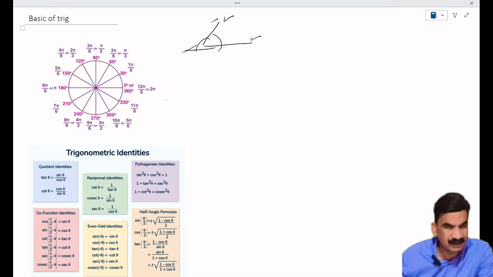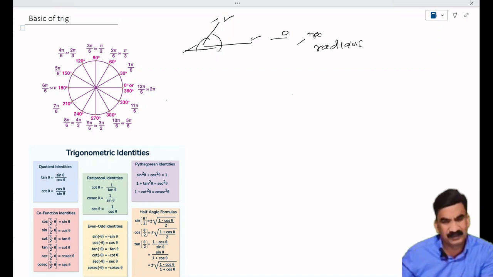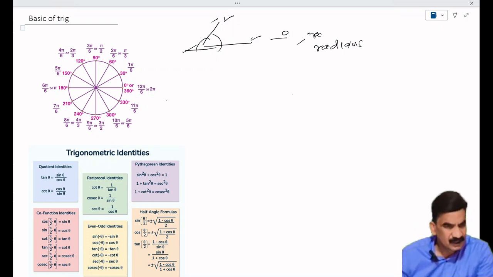Angle can be measured in two units. One unit is called degree. The other one is called radians. I would refer to this as rads in this lecture. So remember that 180 degrees is equal to pi radians.